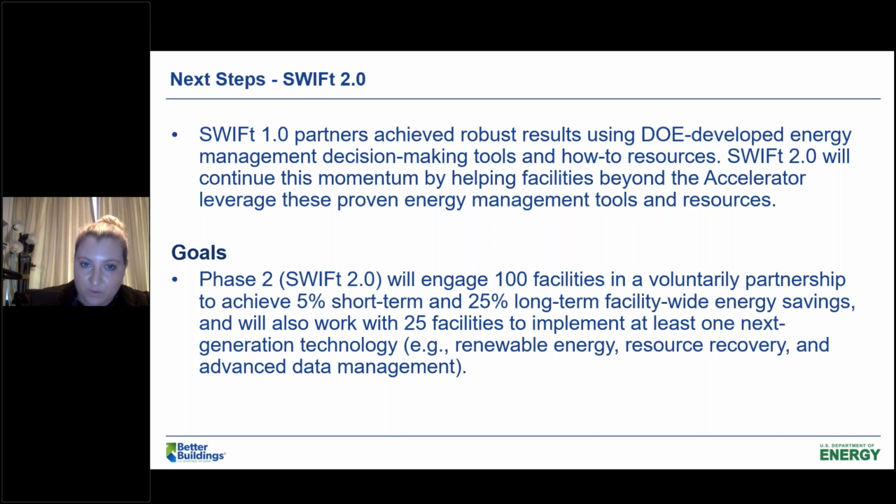That's using those low and no cost measures that I outlined, and then setting a goal to achieve 25% long-term facility-wide energy savings. In addition to this, we also want to work with 25 facilities in a smaller cohort to implement at least one next generation technology. Okay, next slide.